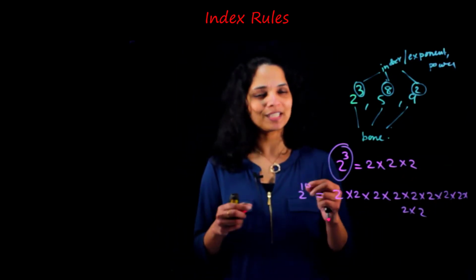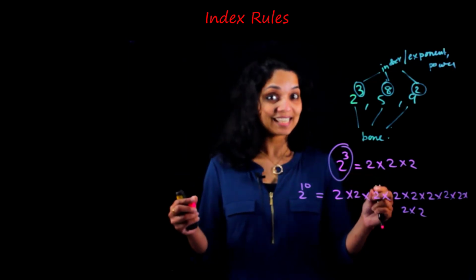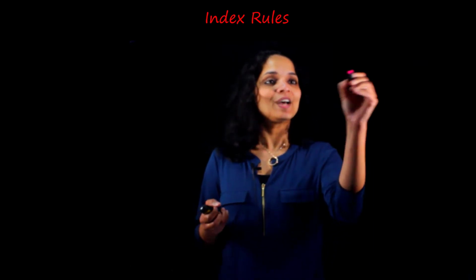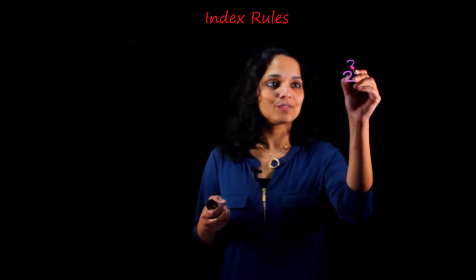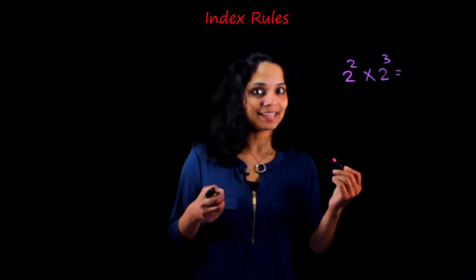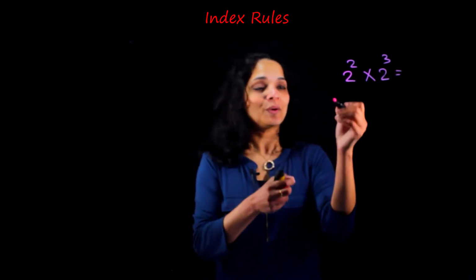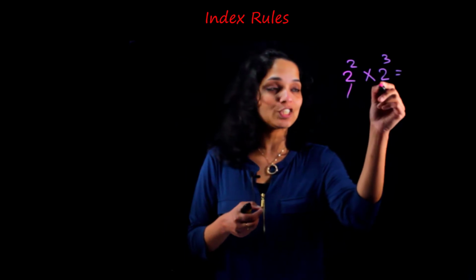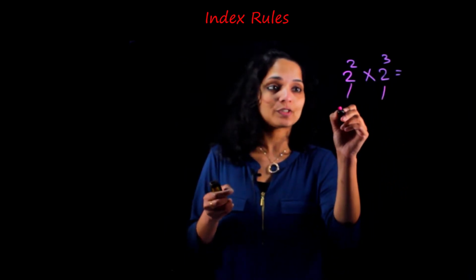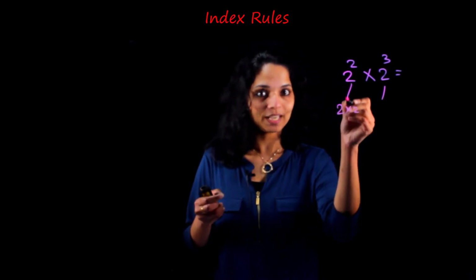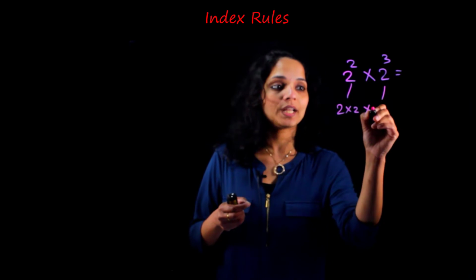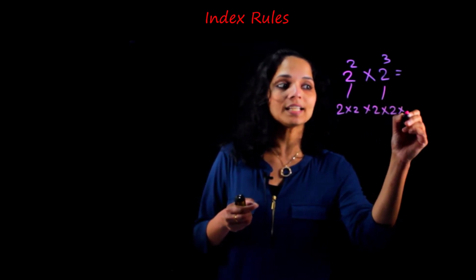Now we're going to deal with different rules when we deal with these indices. The first one is multiplication. What is the answer for 2 to the power 2 times 2 to the power 3? Let's deal with it by expanding each of these and multiplying them together. 2 to the power 2 is 2 multiplied 2 times, and 2 to the power 3 is 2 multiplied 3 times.